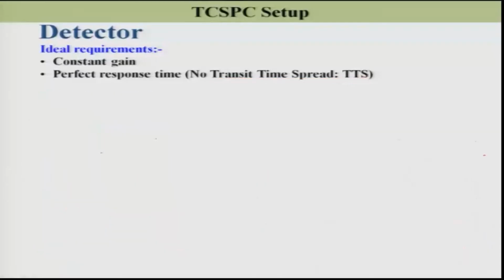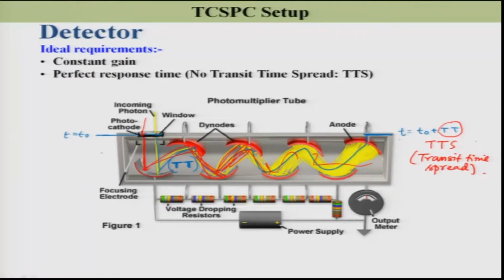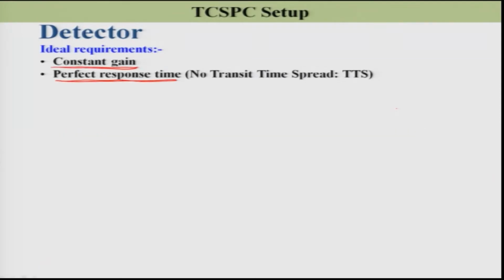I want to measure the arrival time of the photon. If you remember our TCSPC system, the photon arrives here and it takes some time for the conversion, then the electron pulse goes and tells the stopwatch that now I got a photon, so stop counting. Let's describe it once again.